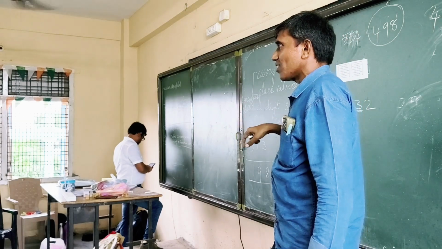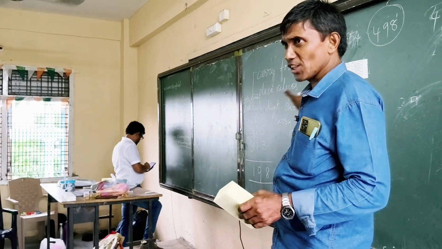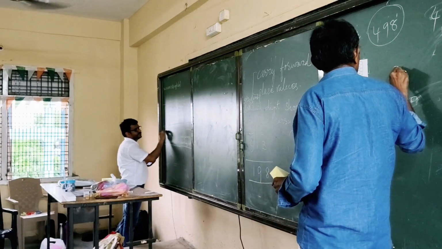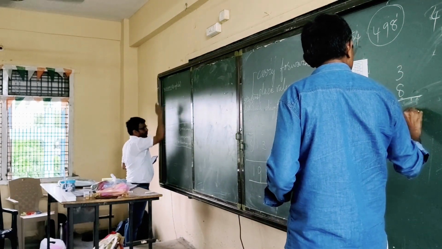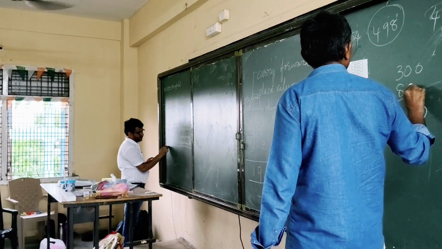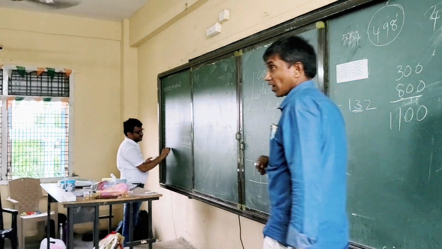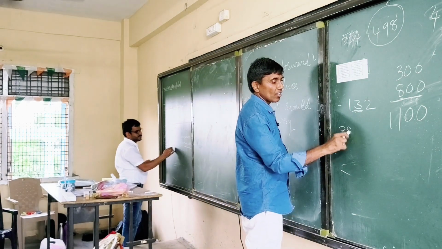That is estimation. In that area we explain these types of problems to 4th and 5th class students. Here 300 plus 800 is 1100. That's why all textbooks provide these types of questions.